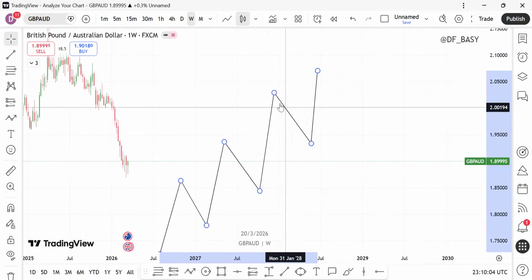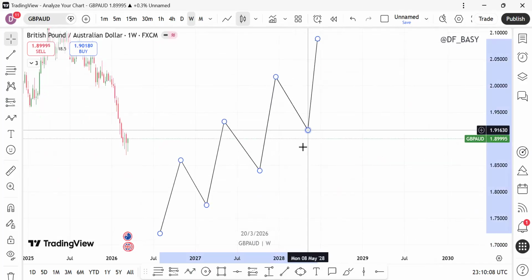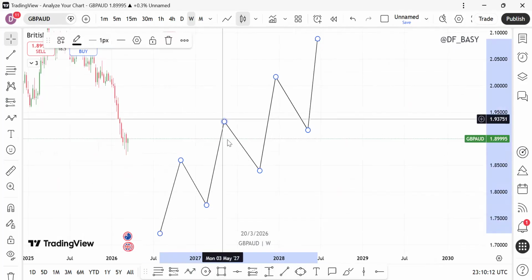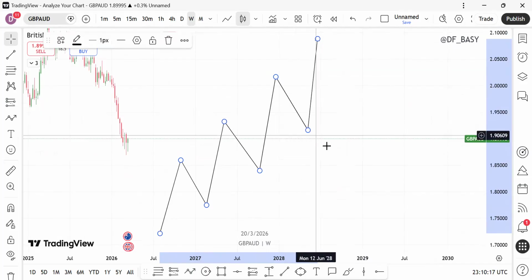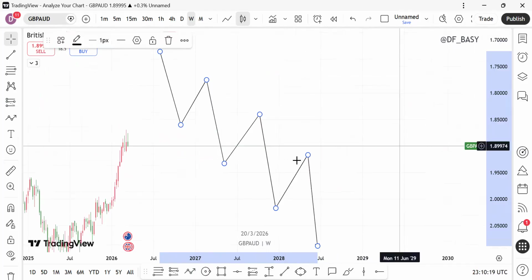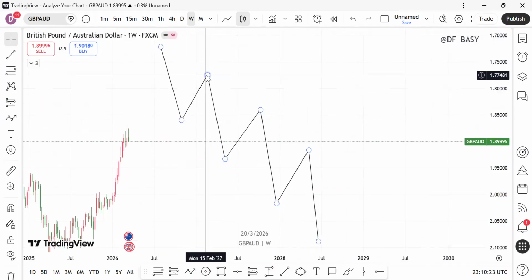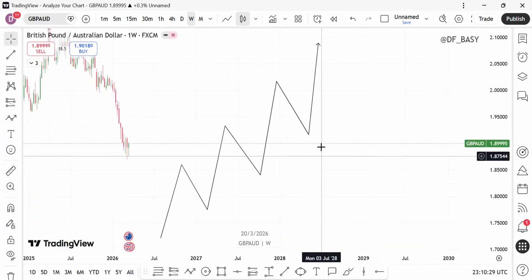In a bullish trend, what are you looking for? You're looking for higher highs and higher lows, repeatedly. Then in a bearish trend, you're looking for lower highs and lower lows, repeatedly. Right? Let me draw that out.